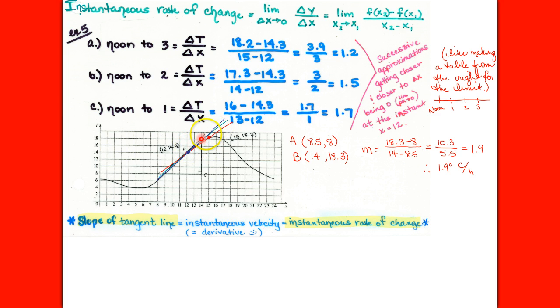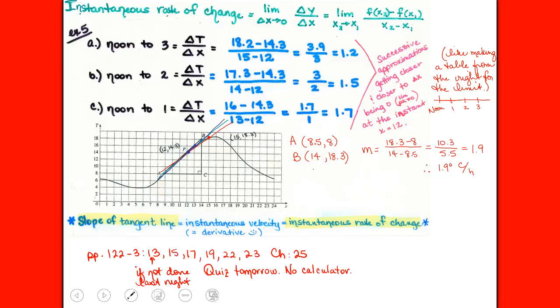And you can see there with the blue line, that's going to be my best approximation yet. So again, trying to help us understand how instantaneous velocity, instantaneous rate of change, and slope of a tangent line at a particular point can all be the same thing, and how we can use them to help us find other quantities.